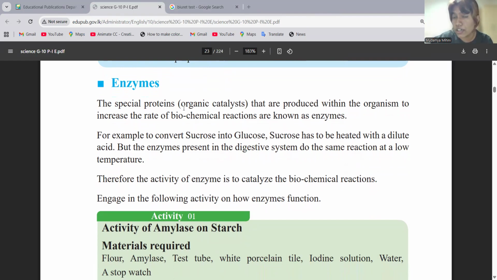So they are organic, produced within organisms to increase the rate of biochemical reactions, and are known as enzymes. So make sure you study this part because there's a big possibility that you guys can get this question.